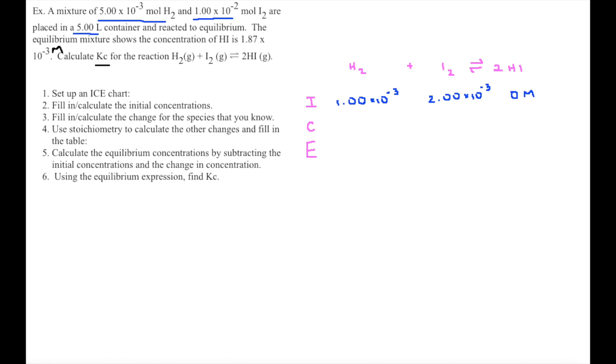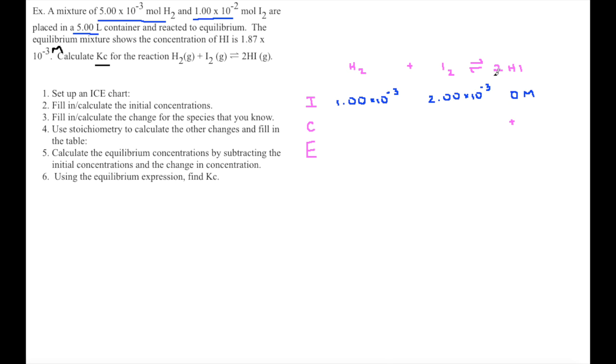All right, so for the change, I know that HI is going to gain in concentration because it's going from 0 to a higher concentration at equilibrium, and I need to use the stoichiometry of this problem in order to determine how much of an increase in concentration occurs.